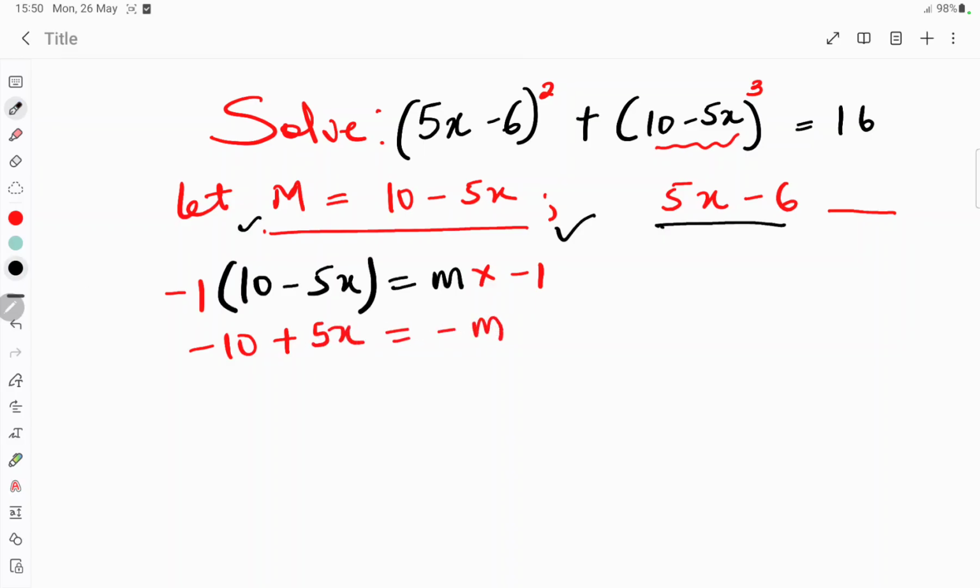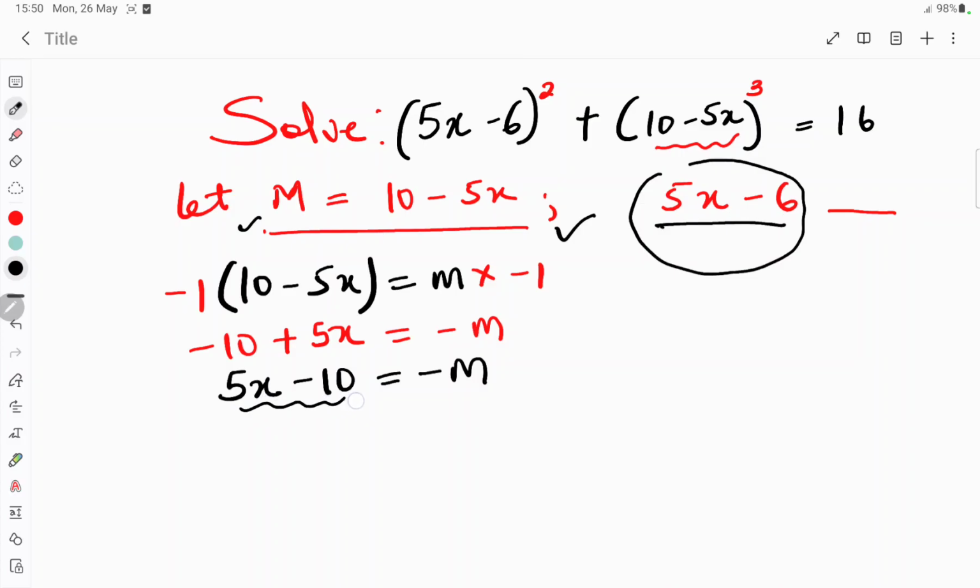So you can now see we are getting closer to this. Then the next thing is to rearrange the terms. So I have 5x - 10 = -m. But our goal is to write this term in terms of m. So for me to get 5x - 6 here, I can add 4 to both sides.